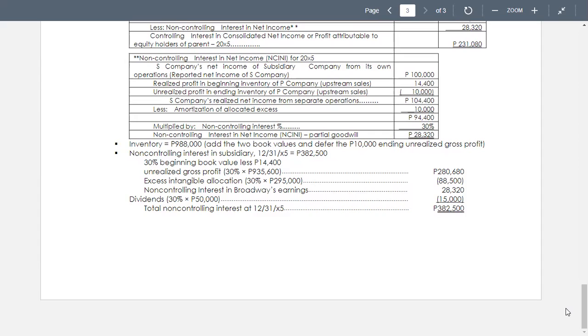For PT's consolidated reports, determine the following amounts to be reported for the current year. So we have now inventory, number 2, sales, 3, cost of goods sold, 4, gross profit, 5, operating expenses, 6, controlling interest, 7, non-controlling interest, and 8, consolidated net income.